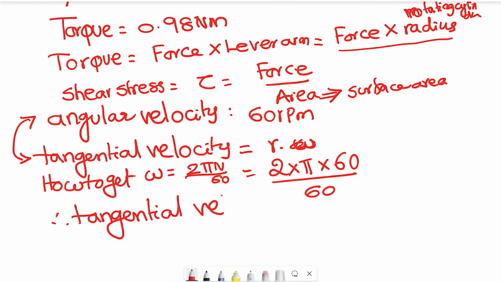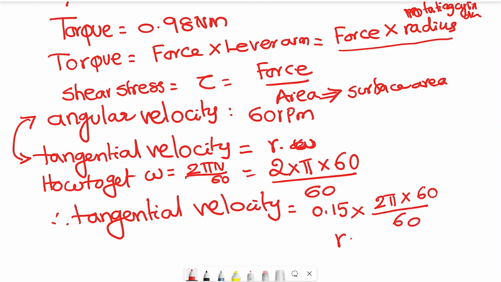Tangential velocity is equal to the radius of the rotating cylinder. The radius of the rotating cylinder is what? 0.15 basically, into 2 pi into 60 by 60. This is R omega. So this is the velocity, and it will be in meters per second.